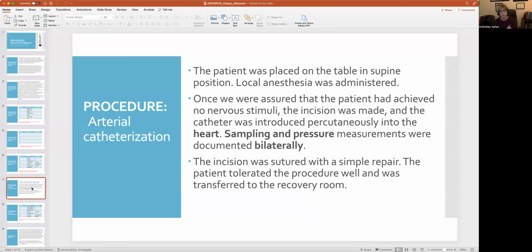All right. So they introduced it through the skin into the heart. Oh, wait, this wouldn't be through the femoral artery, because if it was percutaneous directly into the heart, through the skin directly into the heart, then they didn't come from down there. They came from up here. Okay, but they still had to use a catheter.